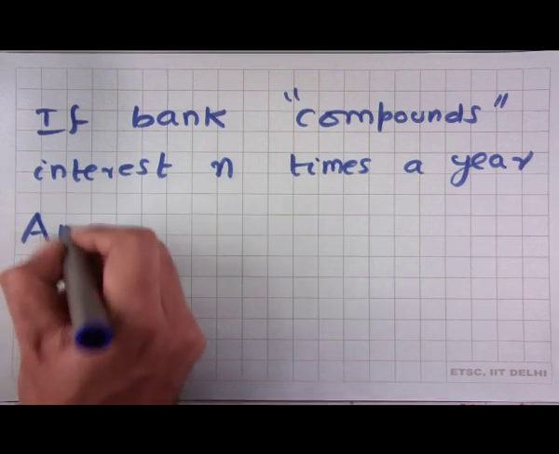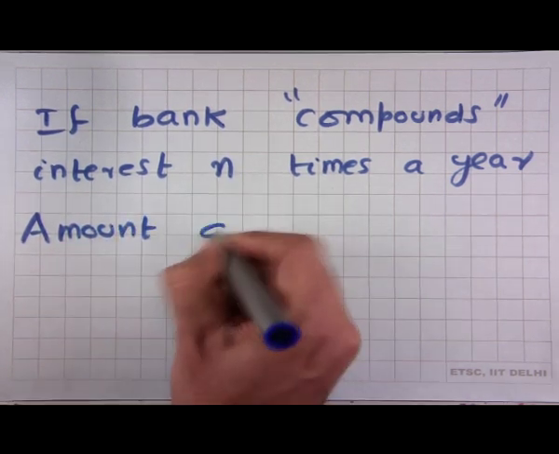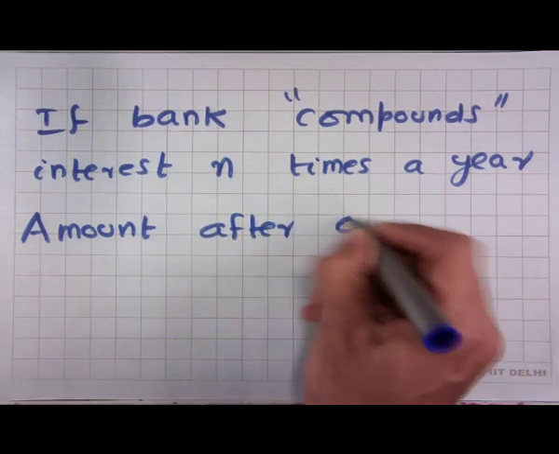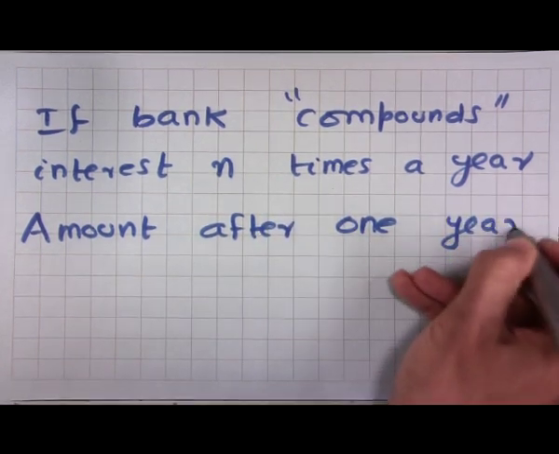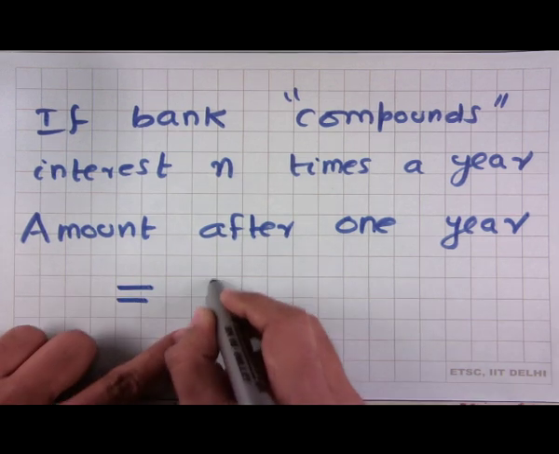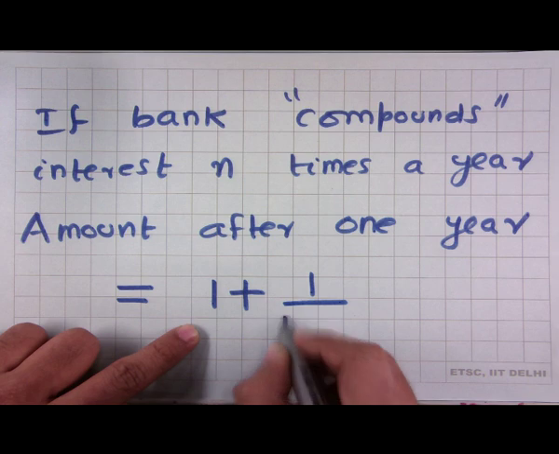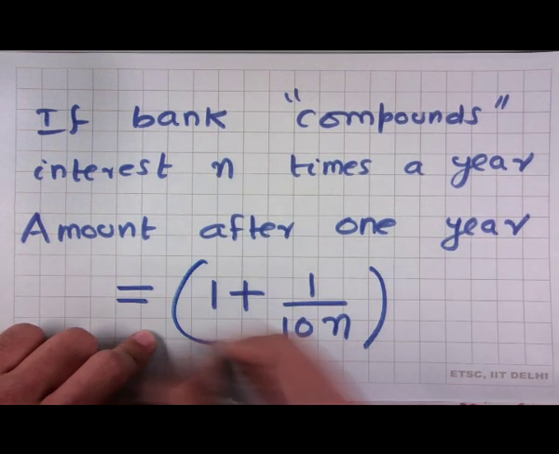Amount after 1 year would be equal to 1 plus 1 by 10n the whole power n.